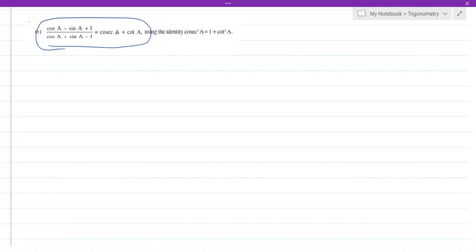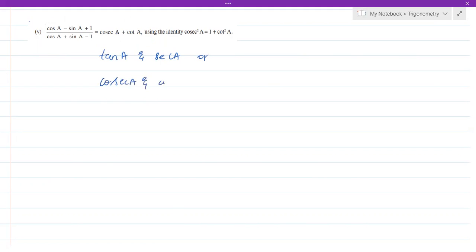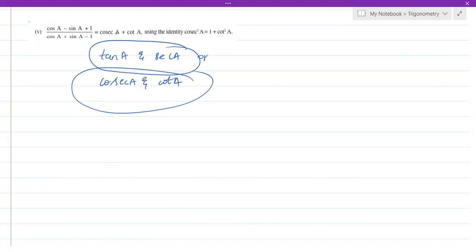What we are going to do is convert the numerator and denominator in terms of tan and secant or cosecant and cot, depending on the question.